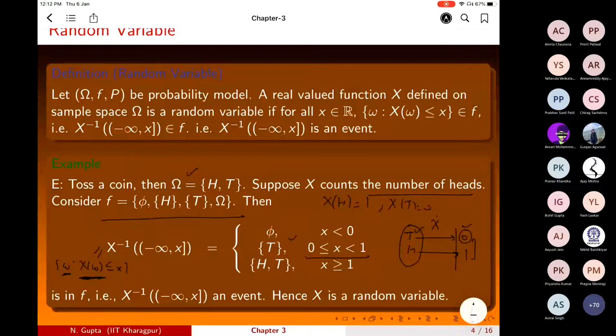But you know that all three of these values belong to F, the event space. So therefore this is an event, therefore X is a random variable. In this fashion you can see that X is a random variable here.